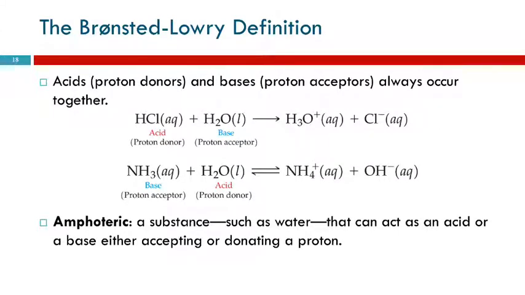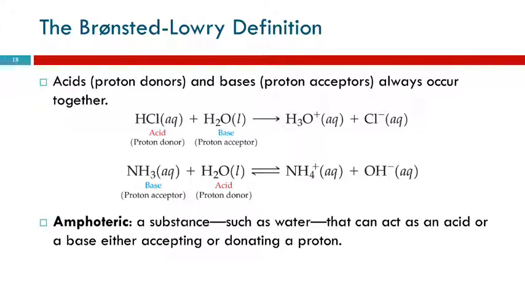Acids and bases always go together. So when you put this HCl into the water, in order for this to be an acid, it has to donate a proton. It cannot donate a proton unless there's someone there to accept it. You can't leave the baby in the line and just take off, right?